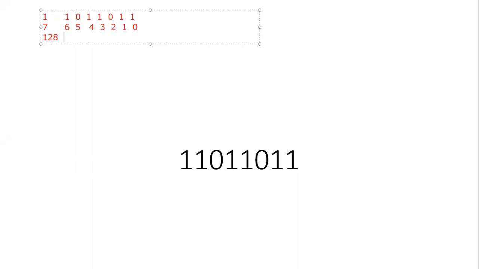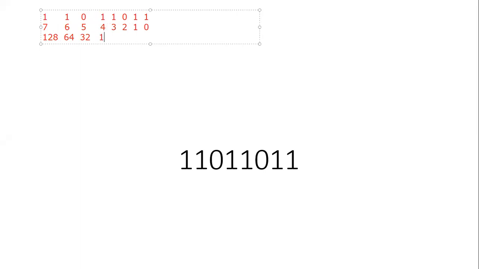So what is 2 raised to 6? Automatically 2 raised to 6 will be 64. What is 2 raised to 5? 32. You all should know these. Your 2's table has to be very clear.